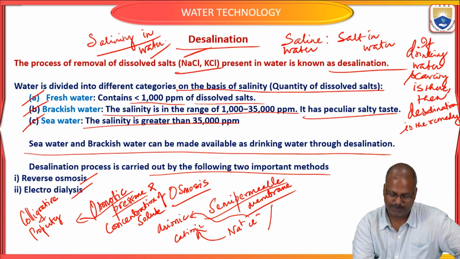So there will be compartments. One area will be richer in NaCl, another area will be deprived of NaCl. So the water collected here will be fresh, and the water collected there will be richer in NaCl.